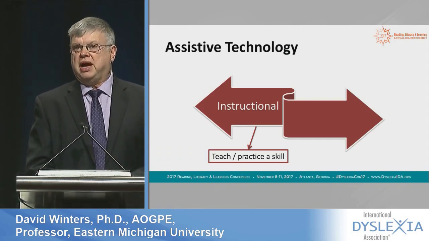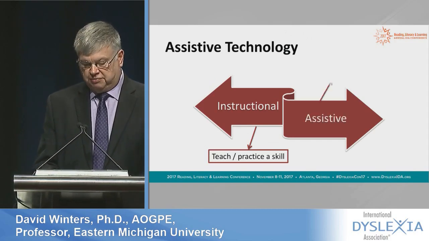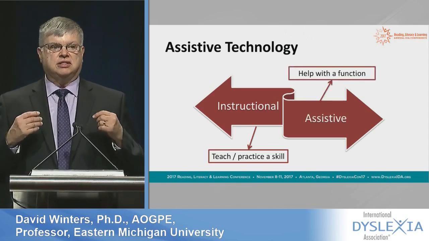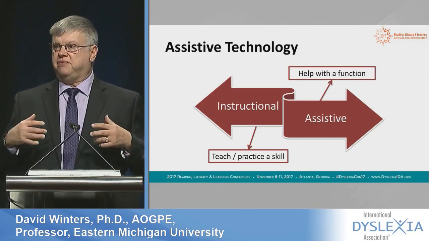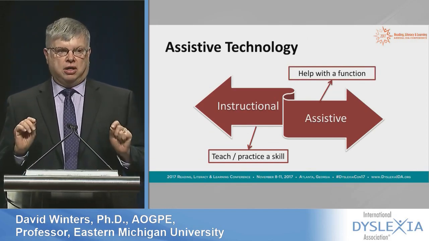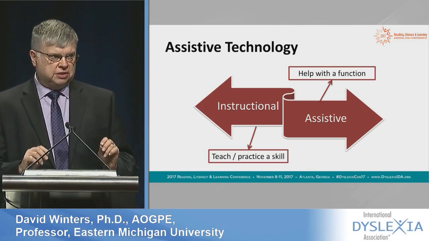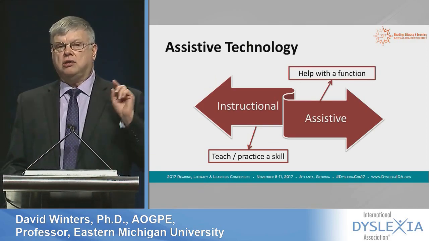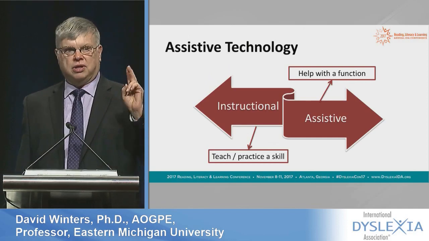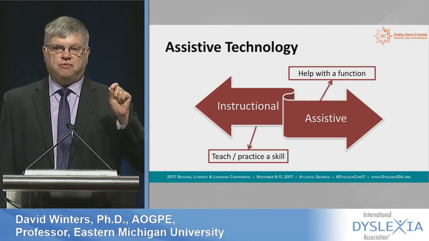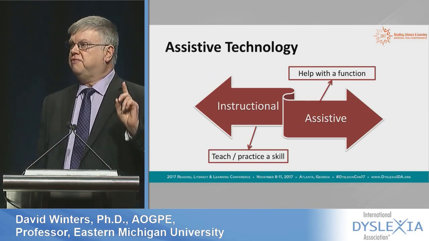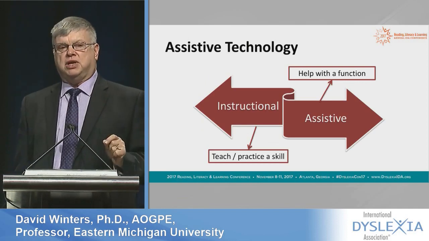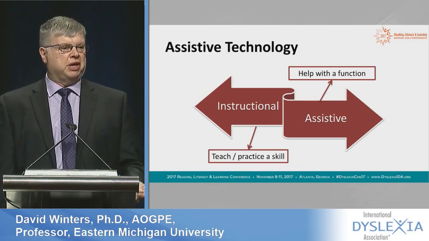So the easiest way I think about what assistive technology is, it's something to make life easier. All of us have used assistive technology. In fact, did you call home today or last night? If you did, you used a device that was invented to help somebody who had a hearing impairment.